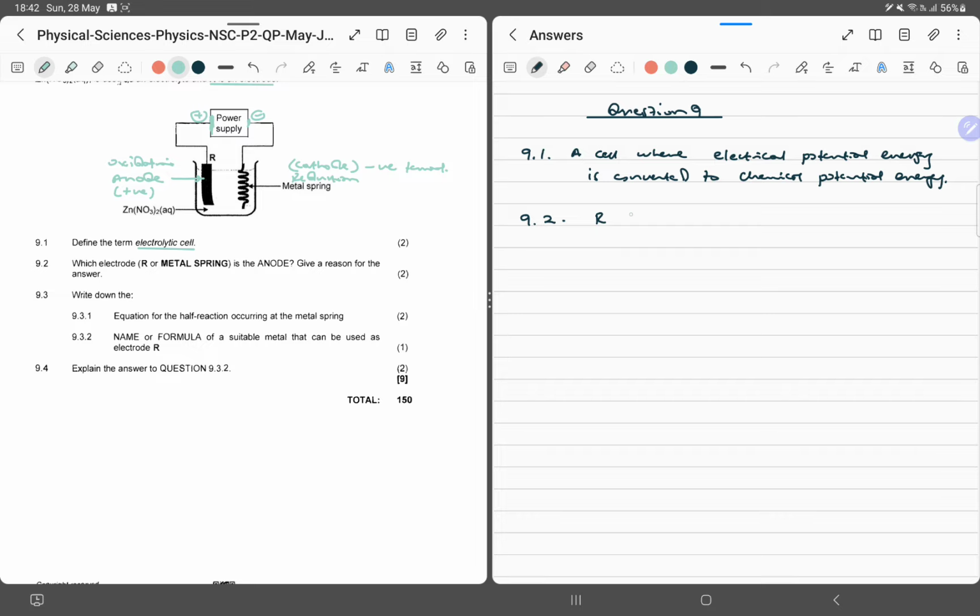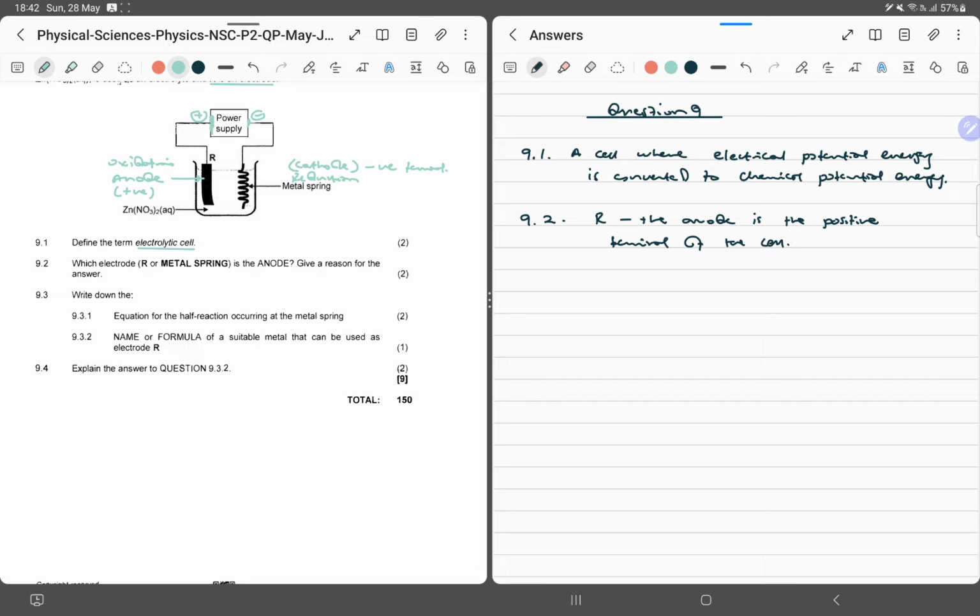You can just say the anode is the positive terminal of the cell.